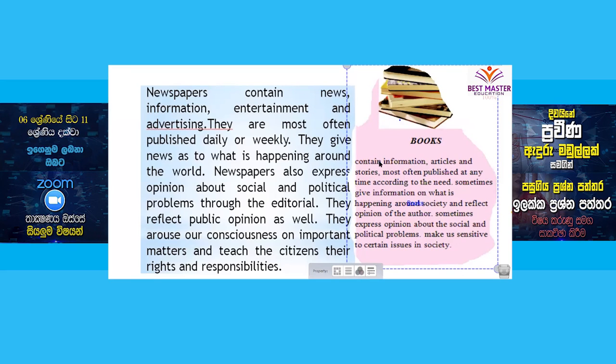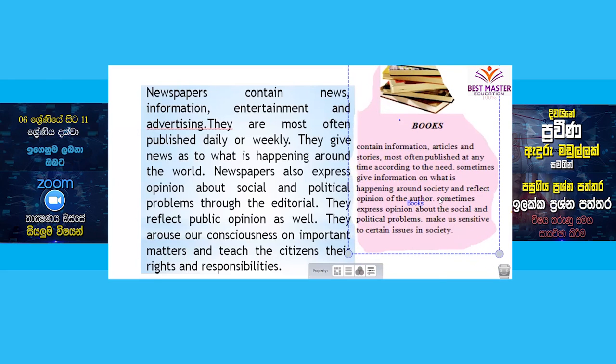But books contain information, articles and stories, most often published at any time according to the need. Newspapers are most often published daily or weekly, but books are most often published at any time according to the need. අවශ්‍යතාවය මත පමණයි පොත් ප්‍රකාශ කරන්නේ. Sometimes they give information on what is happening around society and reflect the opinion of the author. Newspapers also express opinion about social and political problems through the editorial.